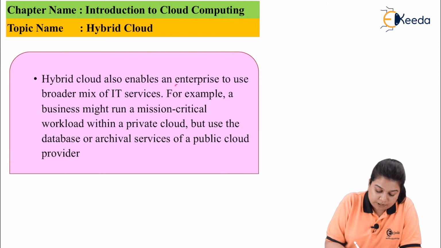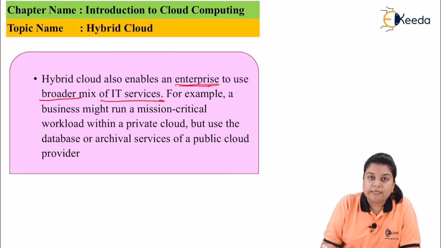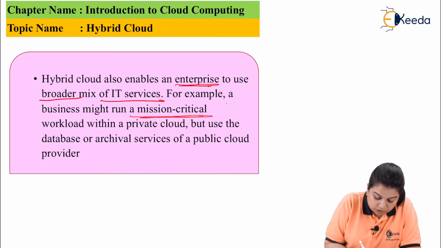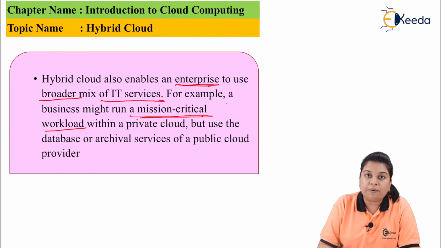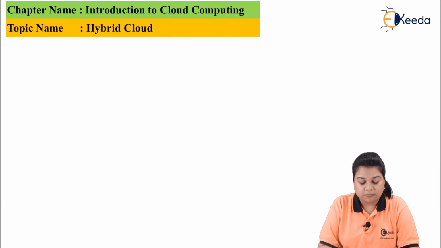Hybrid cloud can also enable an enterprise to use a broader mix of IT services. For example, a business might run a mission-critical workload within a private cloud but use the database or archival services of a public cloud provider.